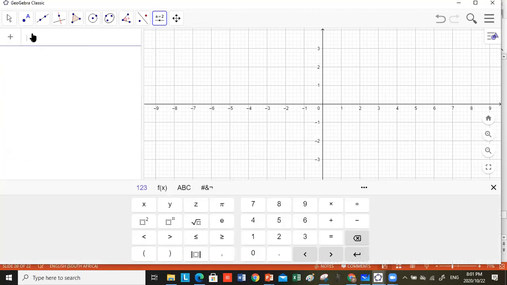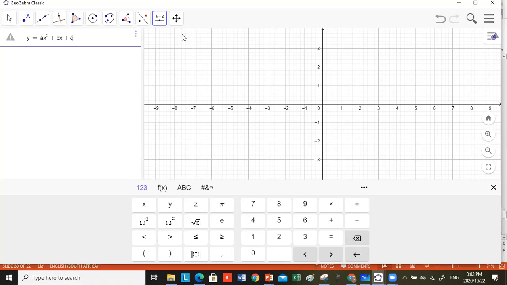If we have y equal to ax squared plus bx plus c, right?